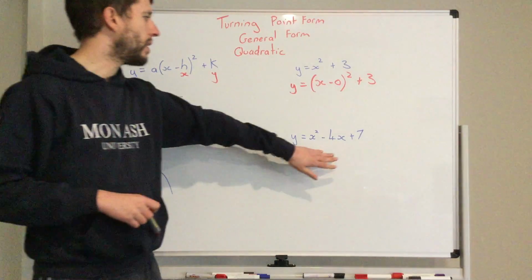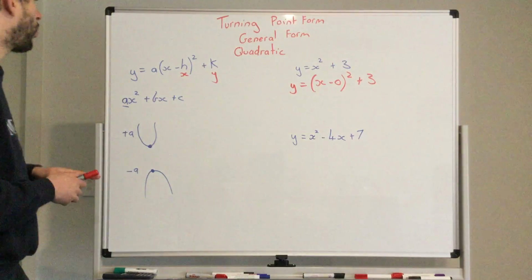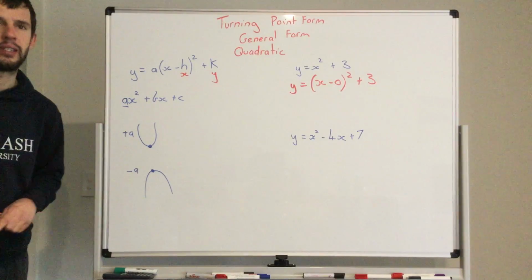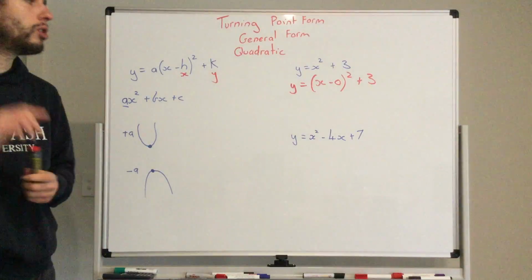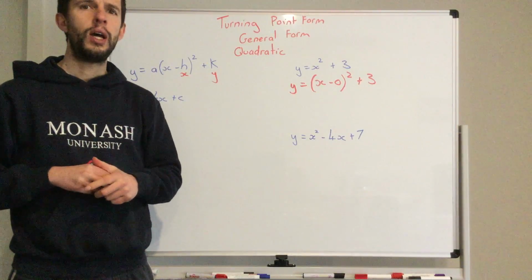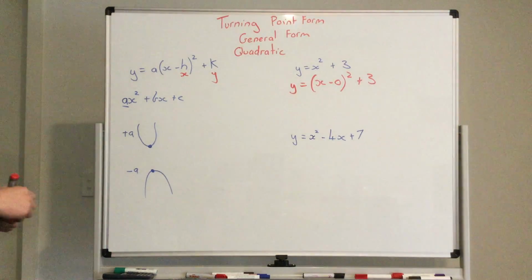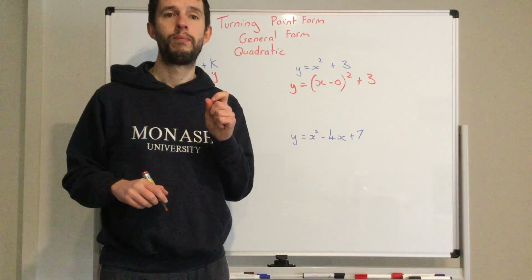So let's look over here. Now we've got our equation in the quadratic form, the standard form, ax squared plus bx plus c. Now we need to get it into this form, and to do that, I look at this here, negative 4x. Now, what are two numbers that I can add together to equal negative 4, and they must be the same number?